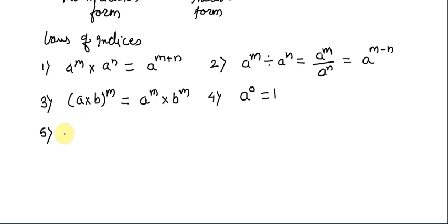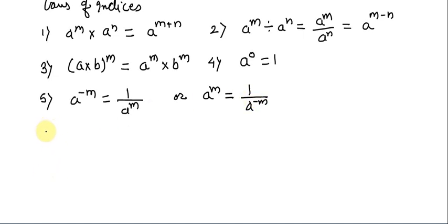The fifth law is the negative index: a raised to power minus m. We can make this index positive: 1 upon a raised to power m. Or if the index is positive, we can make it negative: 1 upon a raised to power minus n.